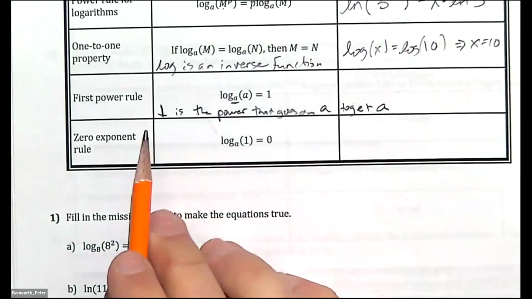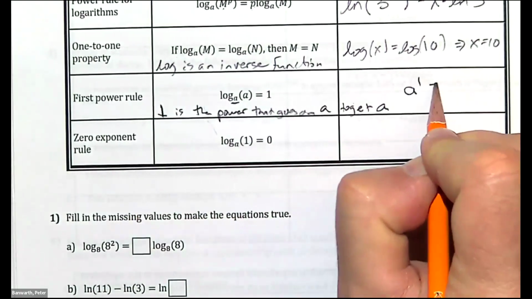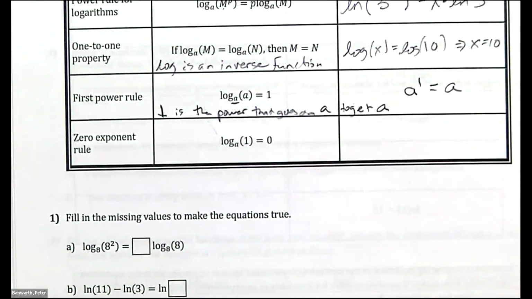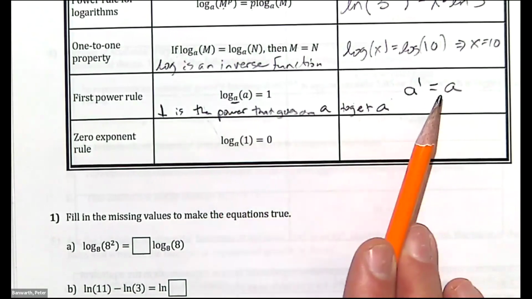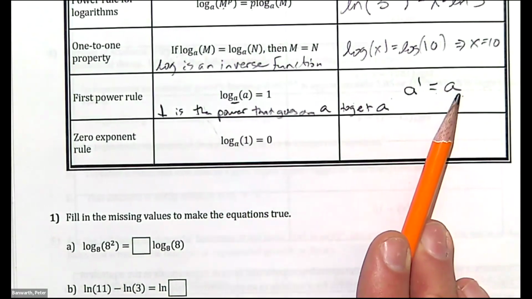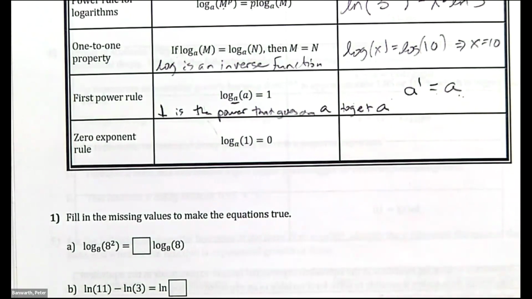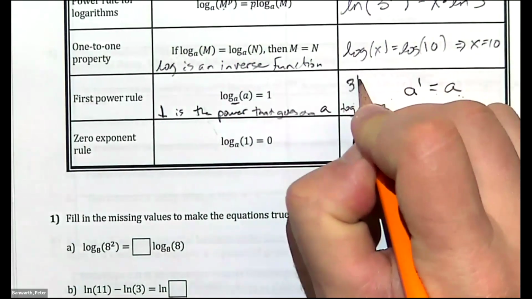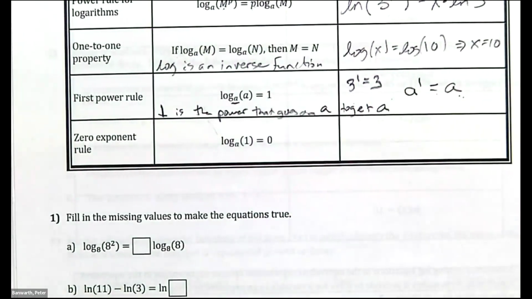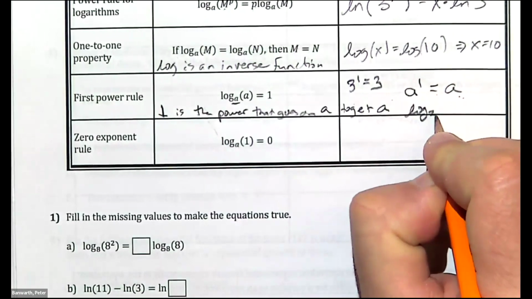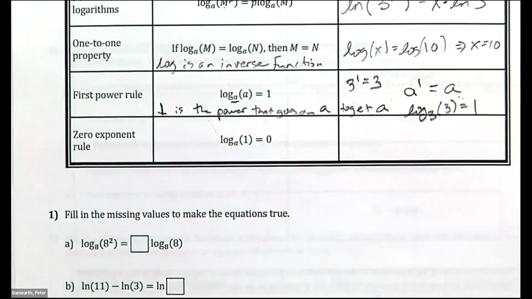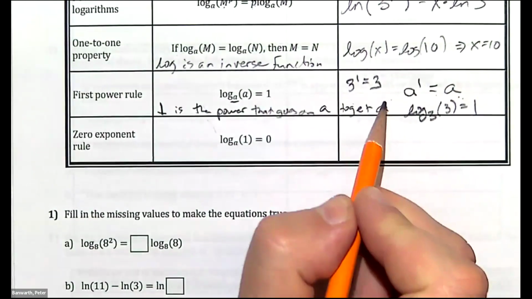Do you all agree that if I put 1 as the power on A, I get A? 1 is the power that goes on the base A to get this A. So 3 to the first equals 3, or log base 3 of 3 equals 1. These are equivalent statements.